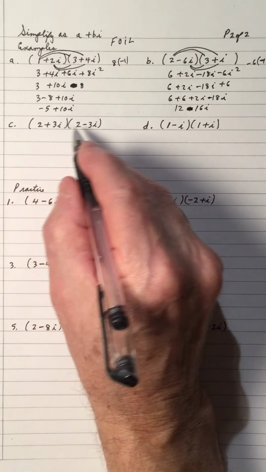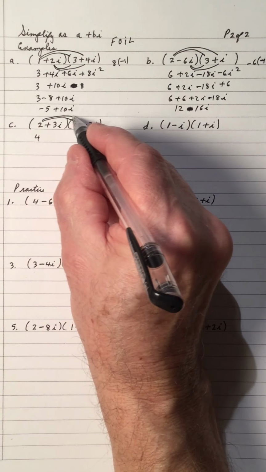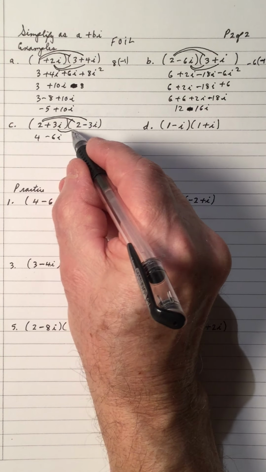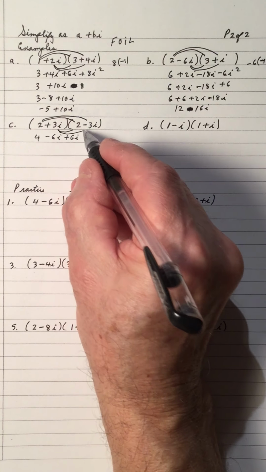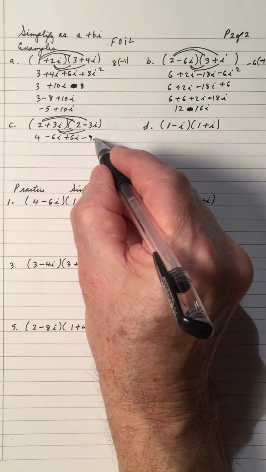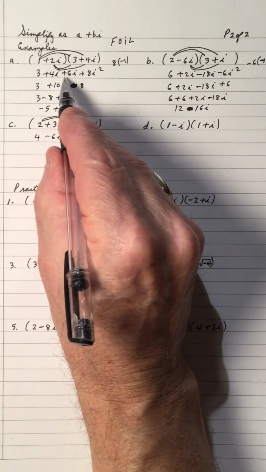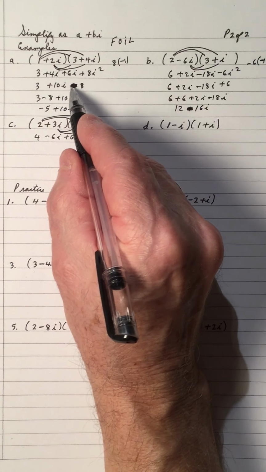And FOIL again. First, 2 times 2 is 4. Outside is negative 6i. Inside, positive 6i. And last is negative 9i squared. Remember up here, I added these and simplified in the same step.